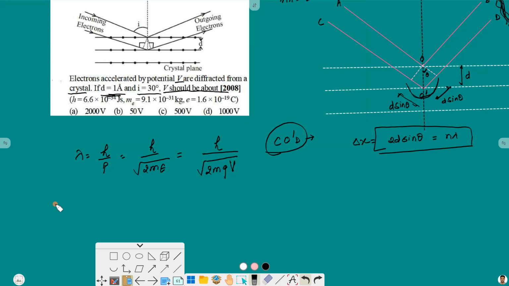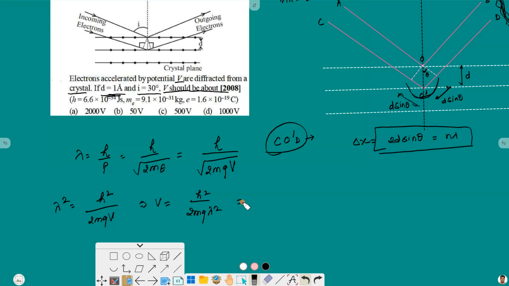Squaring both sides, lambda square is h square by 2mqv, and from this the potential comes out to be h square by 2mq times lambda square.